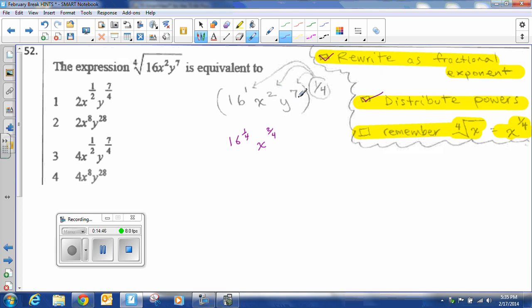And y to the 7th, the 7 times 1/4 is 7/4. So just make sure you remember to simplify this. 16 to the 1/4 is really the 4th root of 16. And x to the 2/4, you can reduce this fraction here.